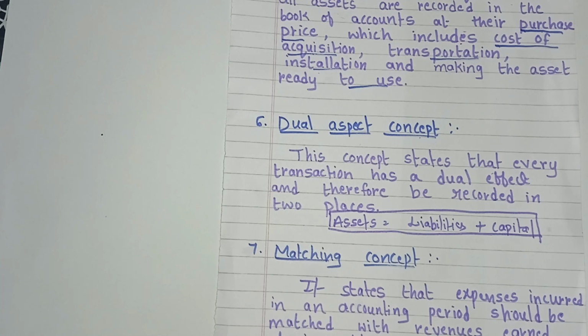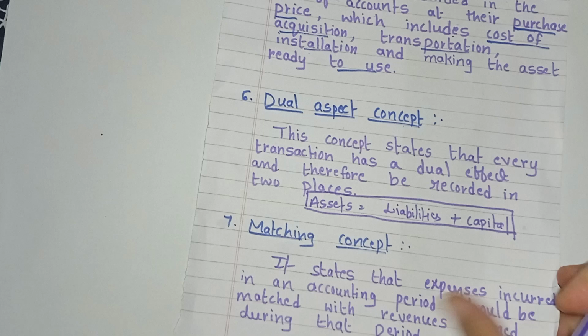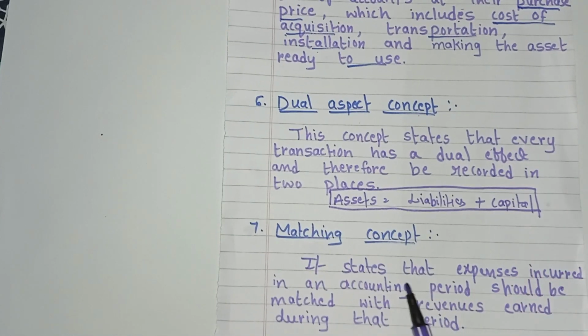Now we will move to the next concept, that is matching concept. It states that expenses incurred in an accounting period should be matched with revenues earned during that period. Expenses incurred in an accounting period should be matched with the revenues, meaning income, earned during that period. Here also I will explain this concept through one example.